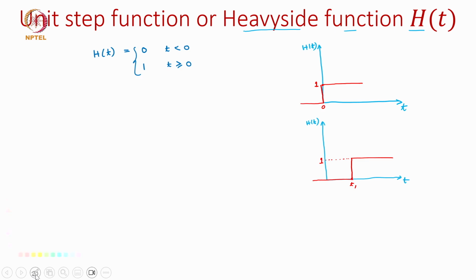How do we write it now? We represent it as h of t minus t1. The value is 0 when the time is less than t1 and it is 1 when the time is greater than or equal to t1.